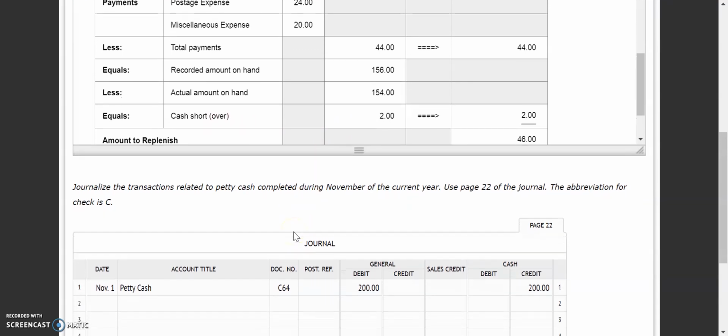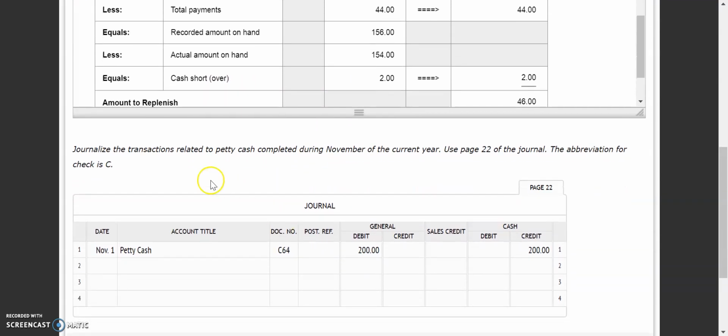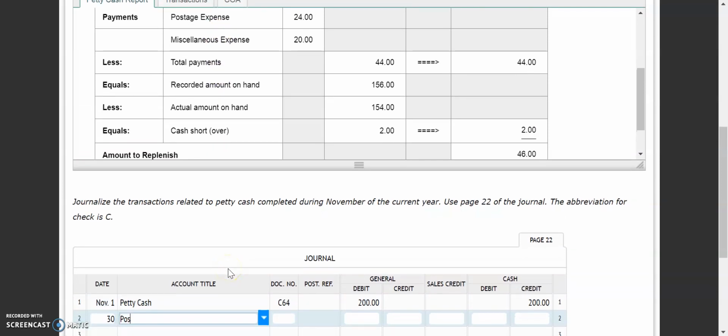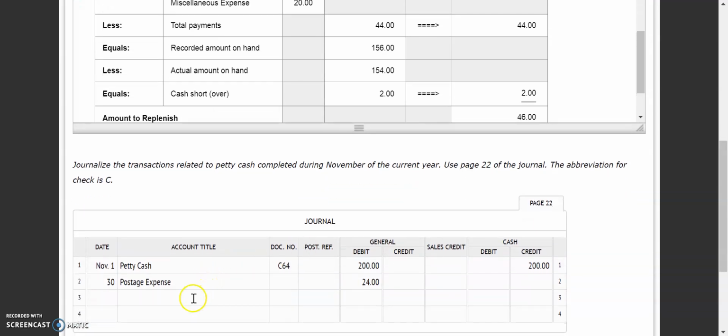So what this actually looks like is we come down here and we put the 30th, and then we start with our postage expense. So postage expense is going to get the debit of 24. Miscellaneous expense is going to get the debit of 20.